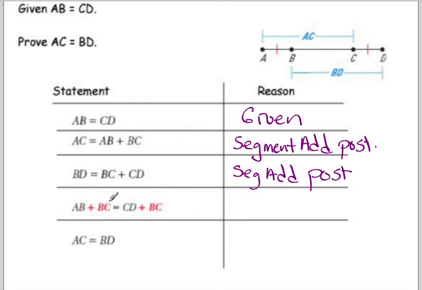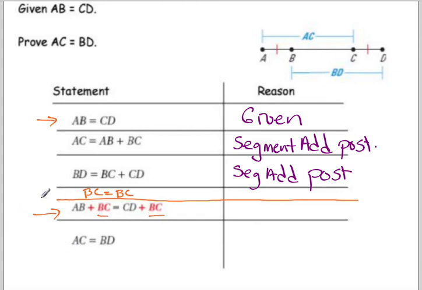Now, before this line, I kind of feel like we need an extra line here, and so I'm going to add that in. Before I'm adding BC, I kind of feel like I need to say that BC is equal to BC before I add it to both sides, which is what they're doing. They're taking this first line, the line of AB and CD, and they're adding BC to both sides.